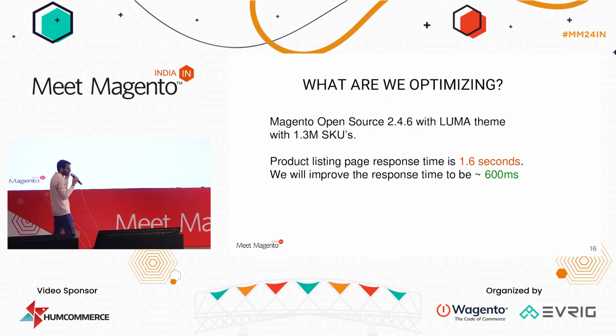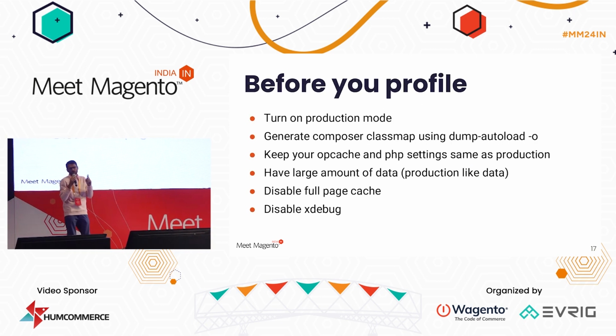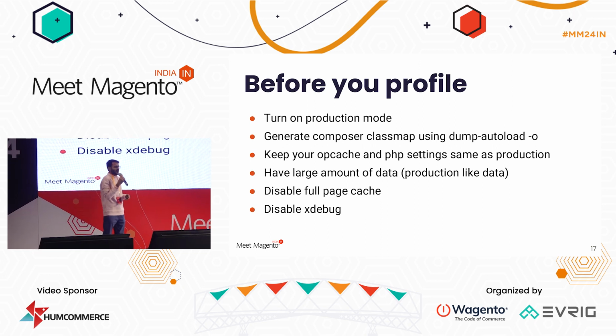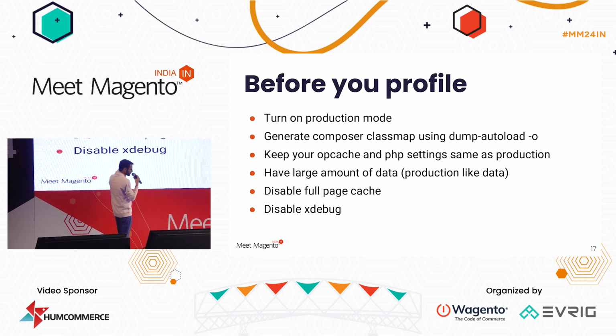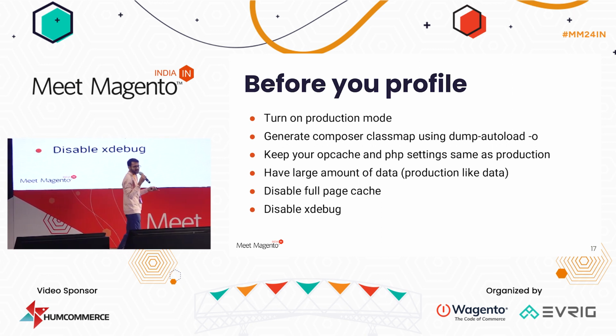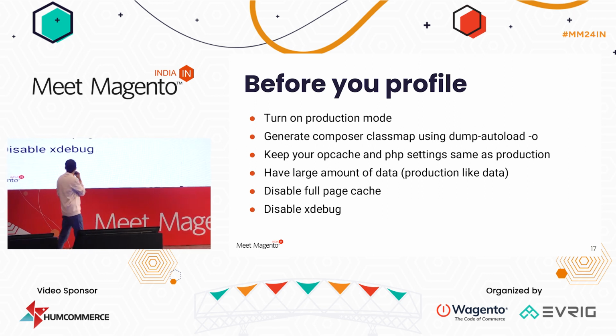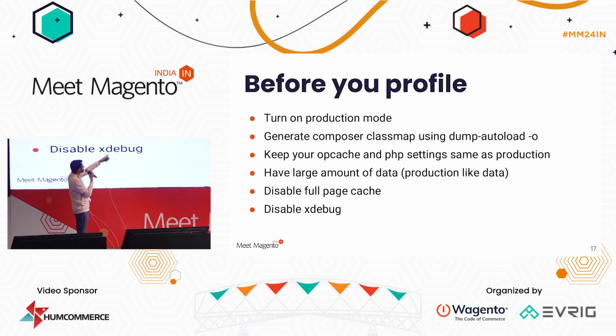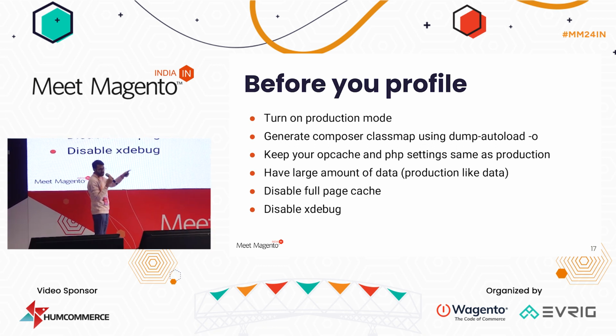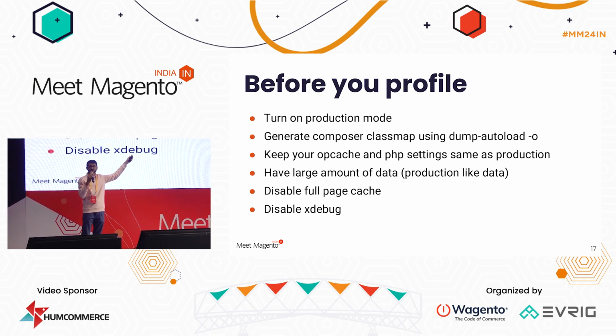Let's do that with SPX. Before you profile, there are some rules that you should follow. Those rules are: turn on production mode, because you don't want to unnecessarily find issues that you would find in developer mode. Second, generate the composer class map using dump-autoload -o. This is very often missed on production for some reason.